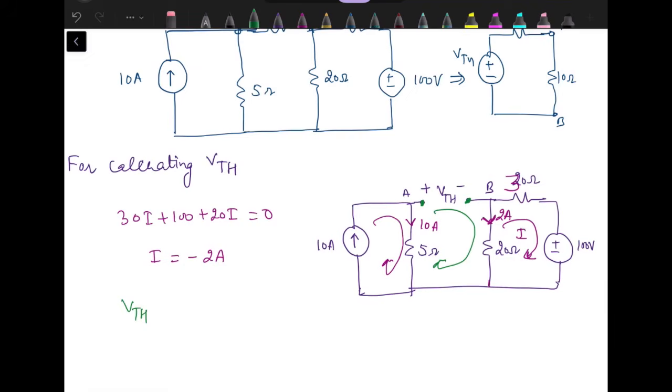Then as per the direction of 2 ampere, this will be the voltage drop polarity. So plus 20 into 2. Then according to direction of 10 ampere, this will be the voltage drop polarity. Now negative sign is coming first. So minus 5 into 10 equal to 0. So VTH will be equal to 50 minus 40, 10 volts.